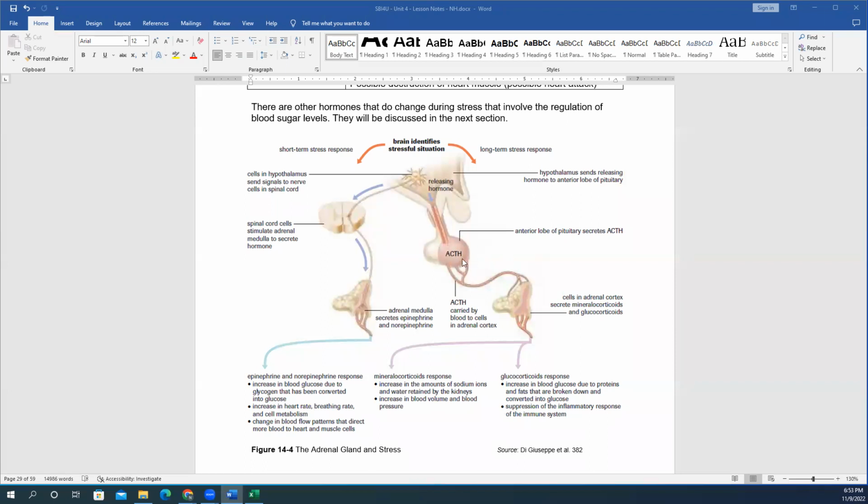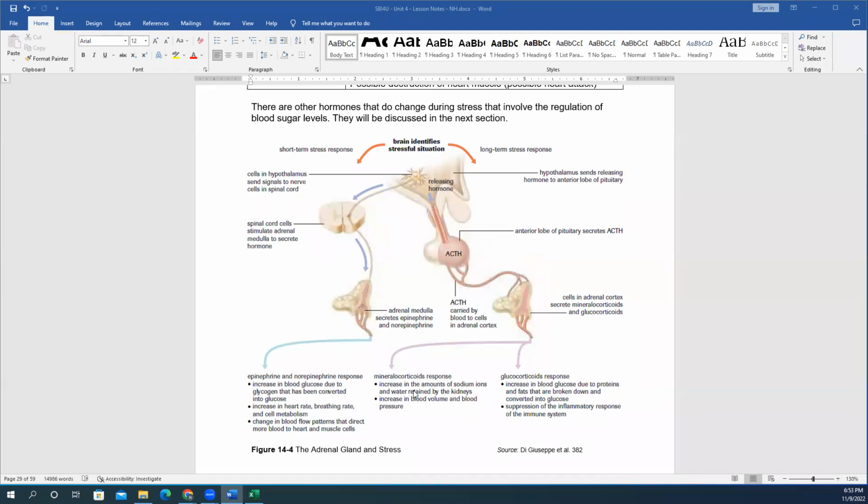And in the anterior lobe of the pituitary, you get secretion of ACTH, and ACTH gets carried by blood to the cells of the adrenal cortex. And in the cortex, these cells will then secrete different types of glucocorticoids and mineralocorticoids, which will then have their action.